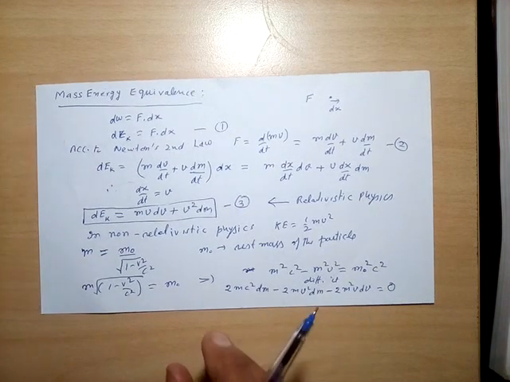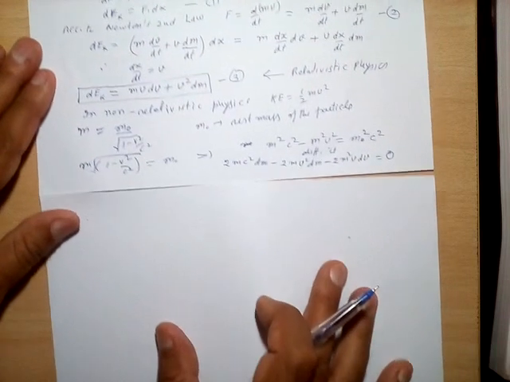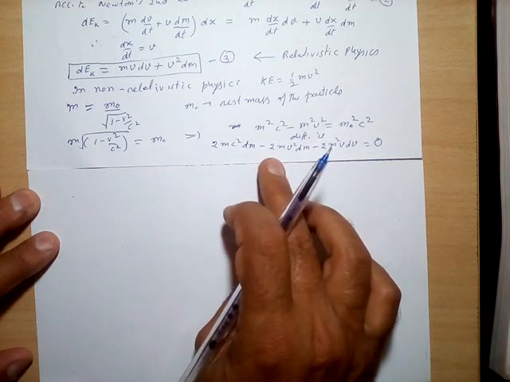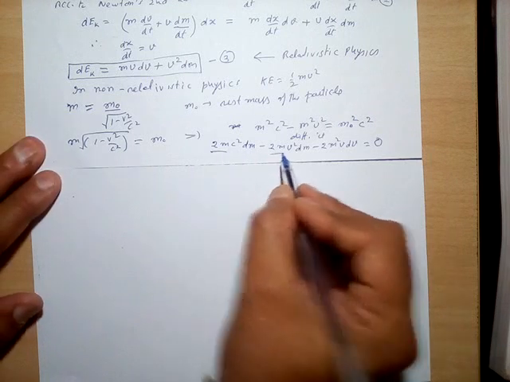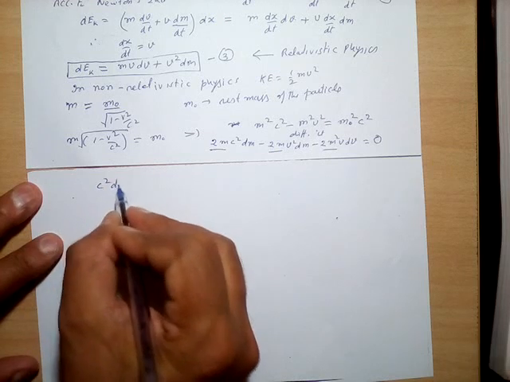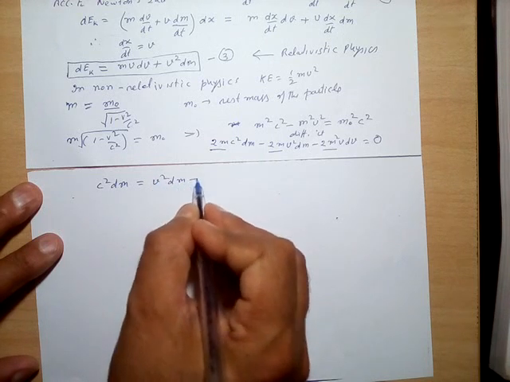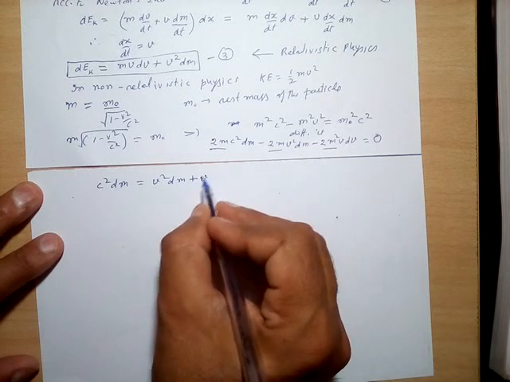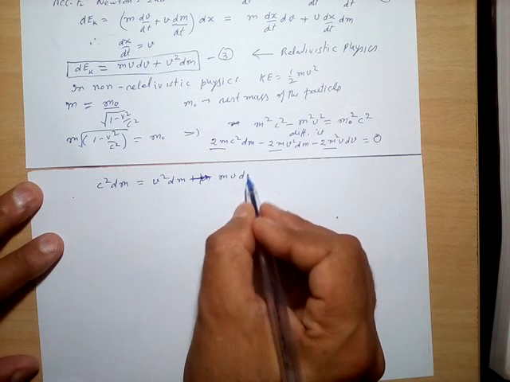Now I will rearrange this expression. Because in this expression 2m is common, I can write c square dm is equal to v square dm plus m v dv.